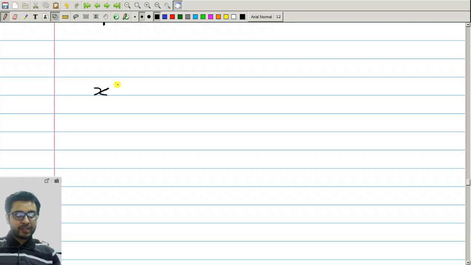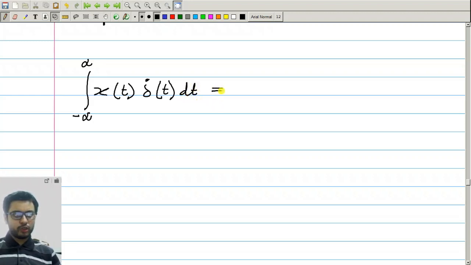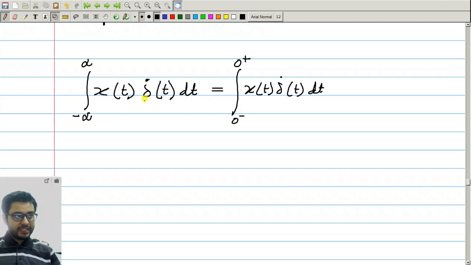Now let me give an important property of delta dot. If you have any function x of t, and if you multiply it with delta dot t, and integrate it over minus infinity to plus infinity dt, which is also the same as integrating this function within 0 minus and 0 plus, because beyond that this function is 0. Now this integration you can carry out by parts.